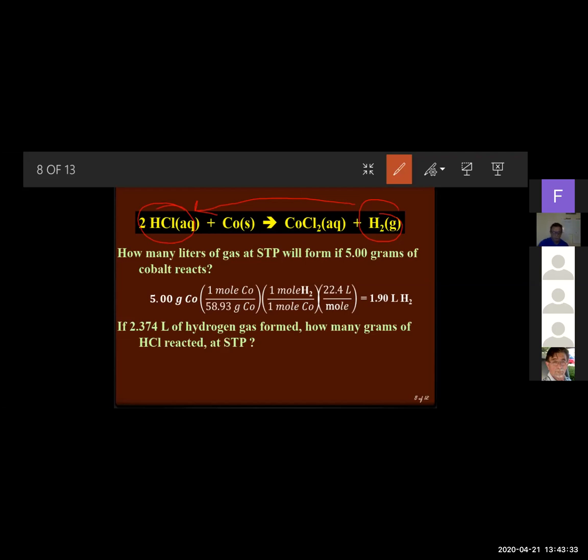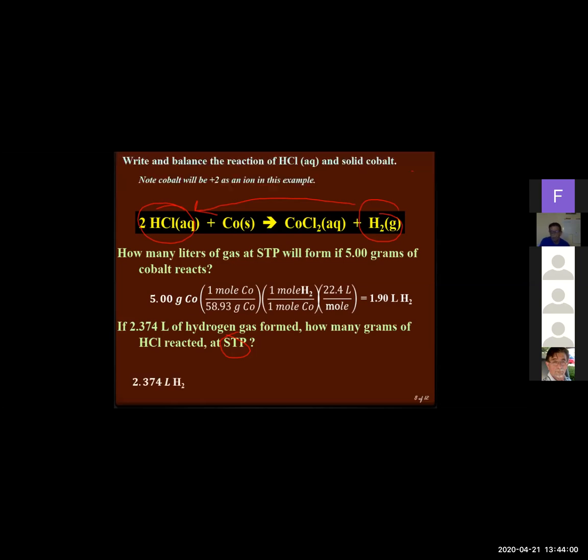From the balanced chemical equation, we see that relationship: 2 moles of hydrochloric acid per 1 mole of hydrogen gas. Plus, we're still at STP, so keep in the back of your mind that maybe the 22.4 liters per mole could be used here.